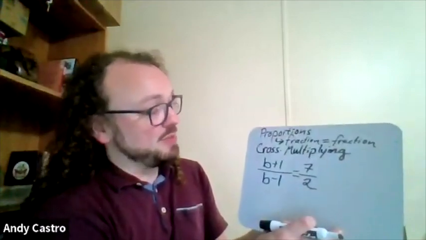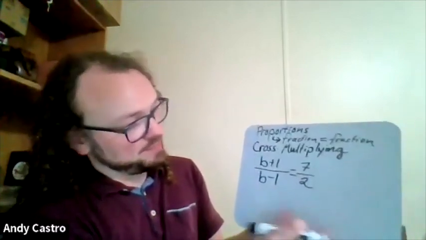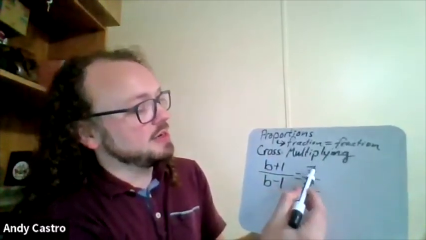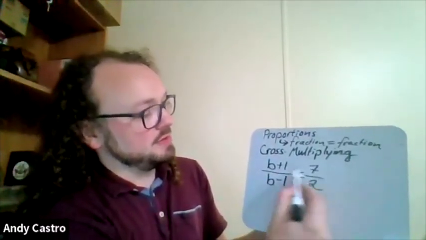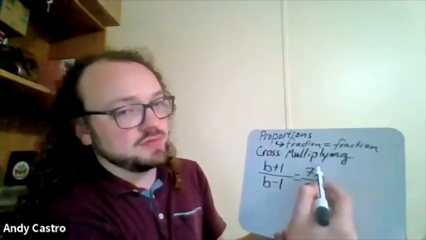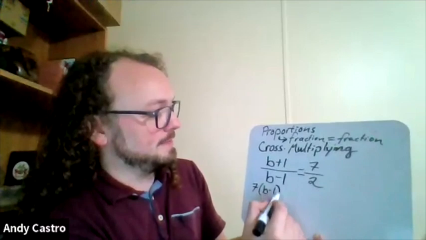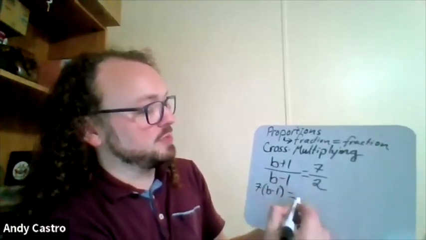This one's going to take a little bit more work than some of the others. I'm not going to be able to just divide. I have to distribute once I get here. All right, so I've got 7 times b minus 1 from the top right, the bottom left, and then 2 times b plus 1.